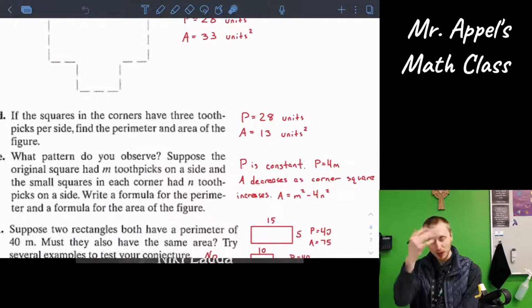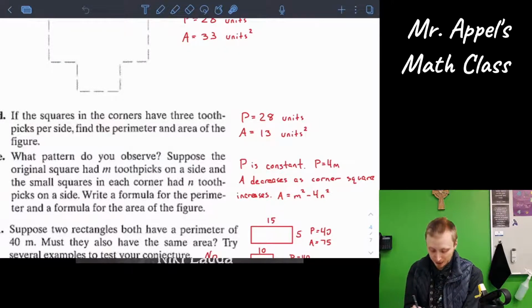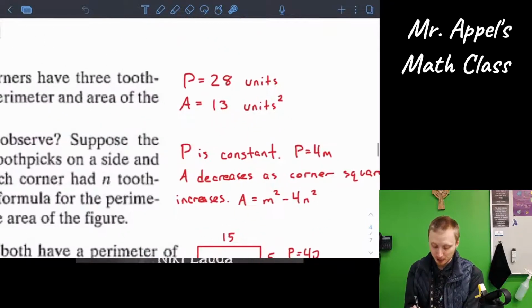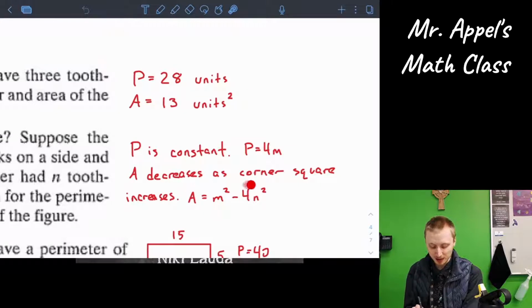So in general, what's happening here? The perimeter stays constant no matter what. It's always going to be 4 times your side length of the square. But the area is decreasing as the corner squares increase in size.